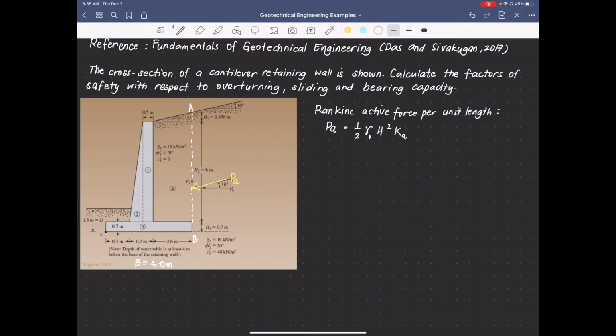So we can say that this is H prime. Let us consider this H prime and get the total H. We have H1 plus H2 plus H3.